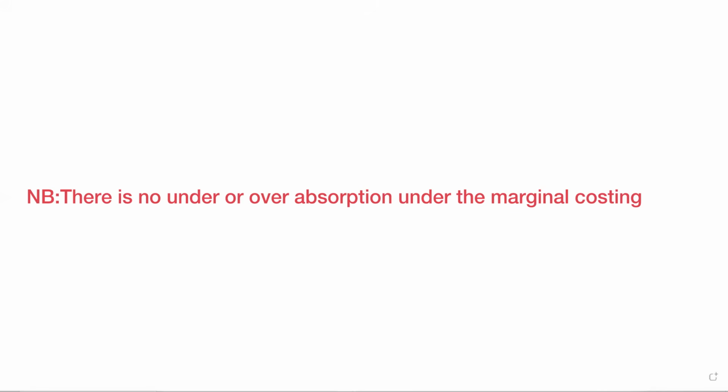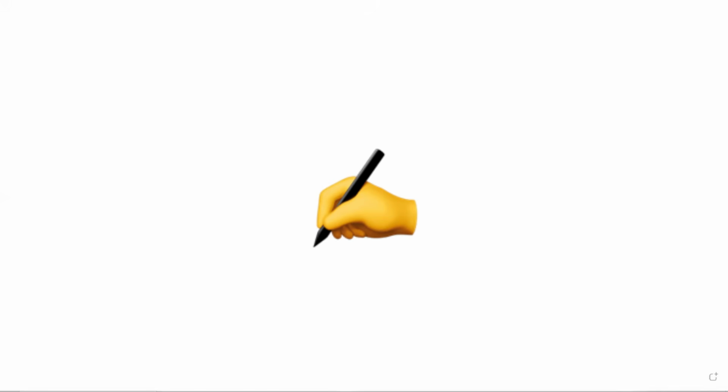There is no under or over absorption under the marginal costing. There is nothing like that there. Please note that it is under the absorption costing where you find over or under absorption of fixed cost. Okay, let me explain where we get the under absorption or over absorption.